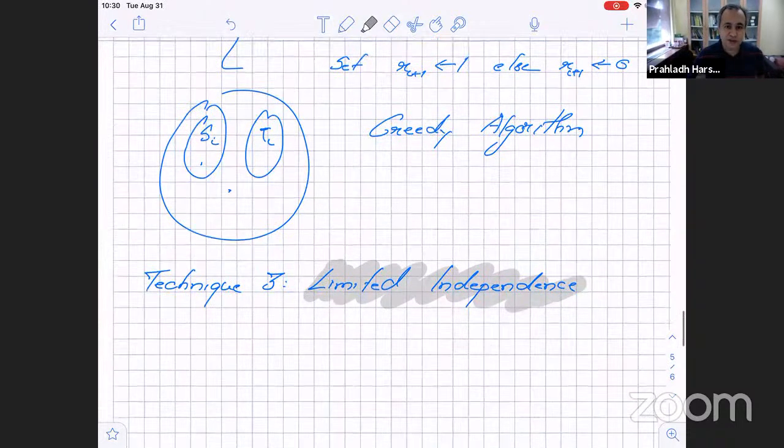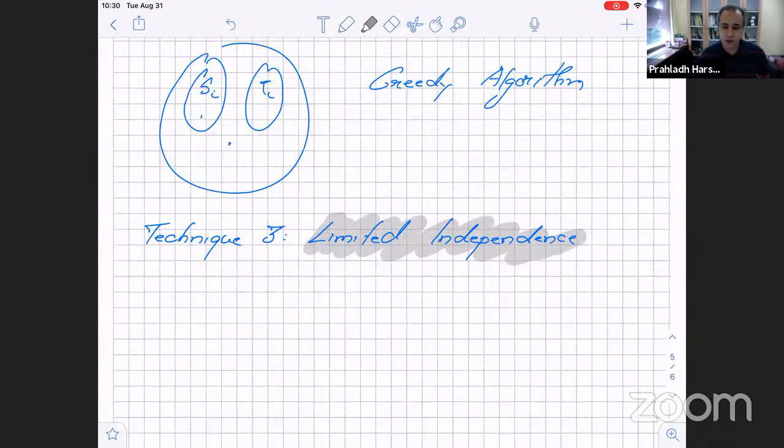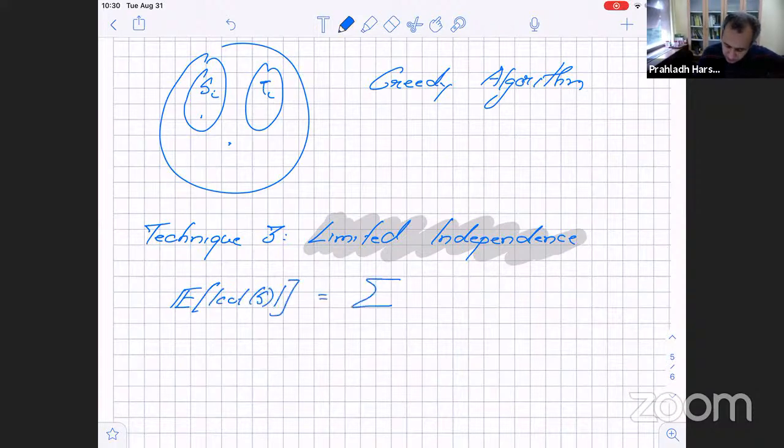So let's go to the next application, which is limited independence. This will go back to one of the questions that was asked. Recall, how did we calculate the expected value of the cut? We went over all edges ij in E, and this was exactly the probability that S cuts the edge ij.